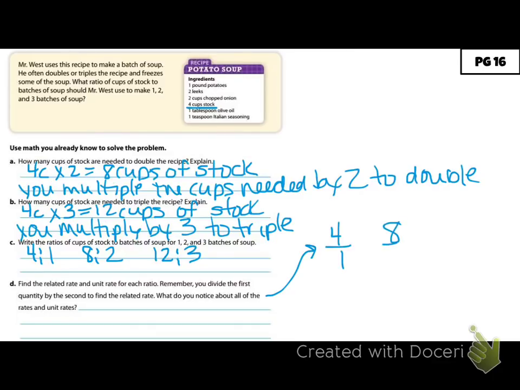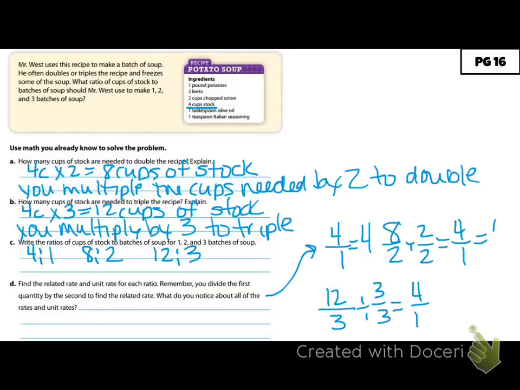So then when we have 8 to 2, we divide by our bottom number, so divide both by 2, and we get 4 to 1 again. And then 12 to 3, divide by our bottom number, and you get 4 to 1. So the unit rate for all of these would be 4, because it's just the top number.